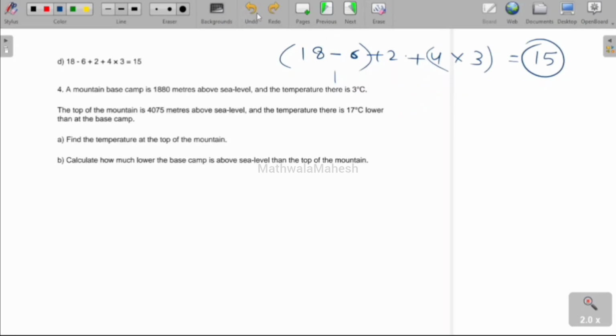So we have to put the bracket here. 18 minus 6 plus 2. Okay, I think this one is division, not plus. Yeah, this one is division.